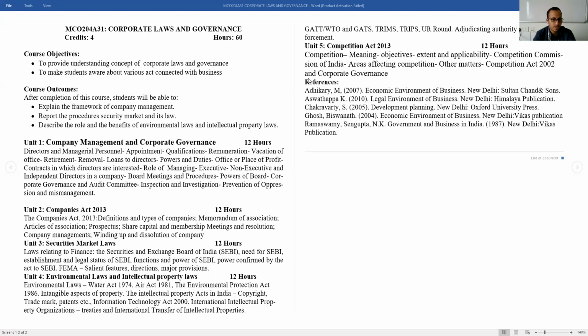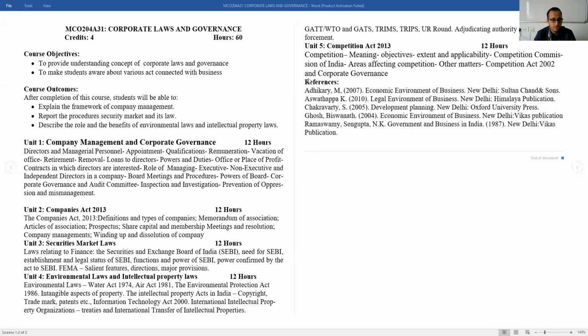We'll be discussing various aspects of corporate practices, how the Indian Companies Act gives or lays down the policies and implications for the company. And overall, we'll be discussing more about the Companies Act.